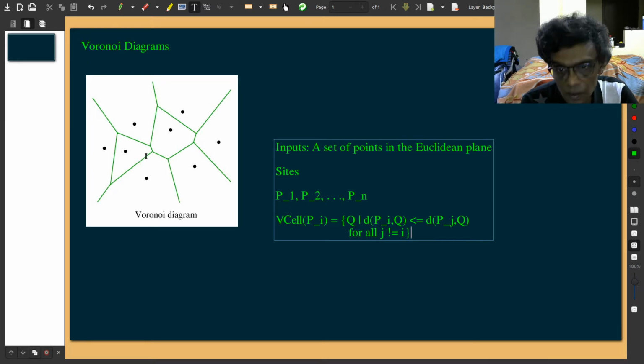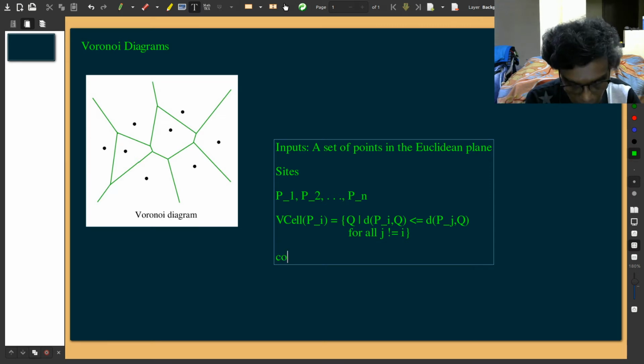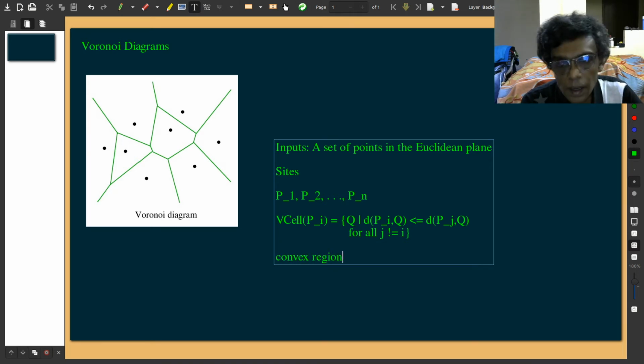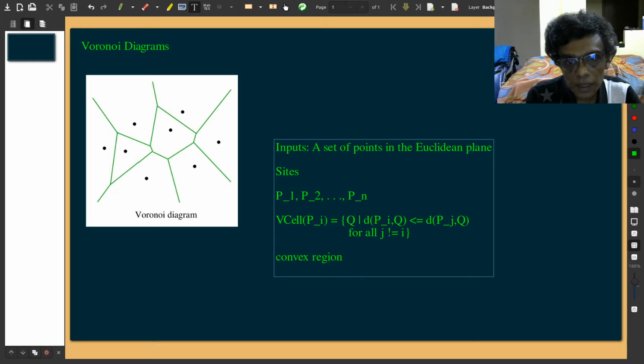So it's a convex region, and not necessarily bounded. This region is bounded, this region is bounded, whereas these convex regions are not bounded.